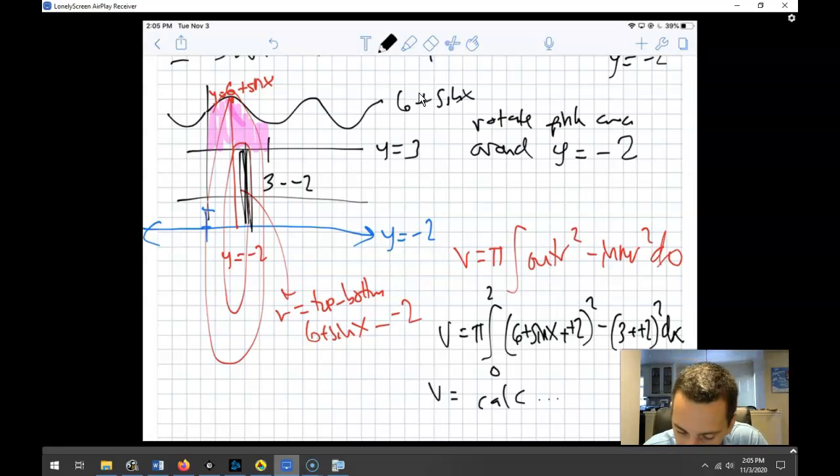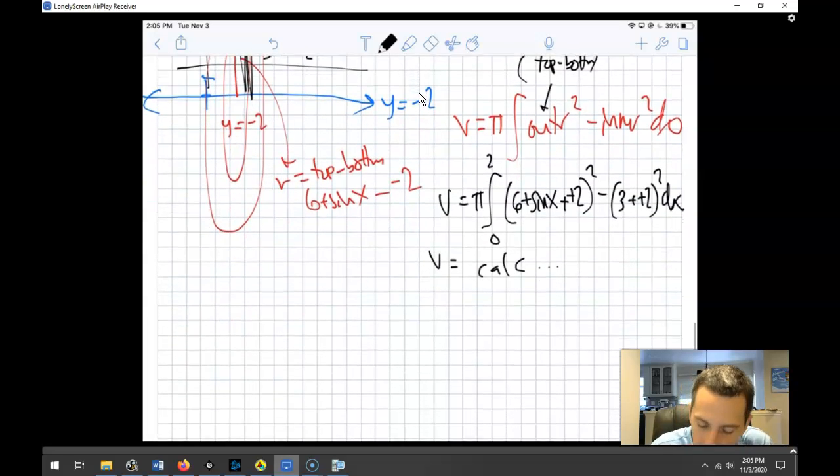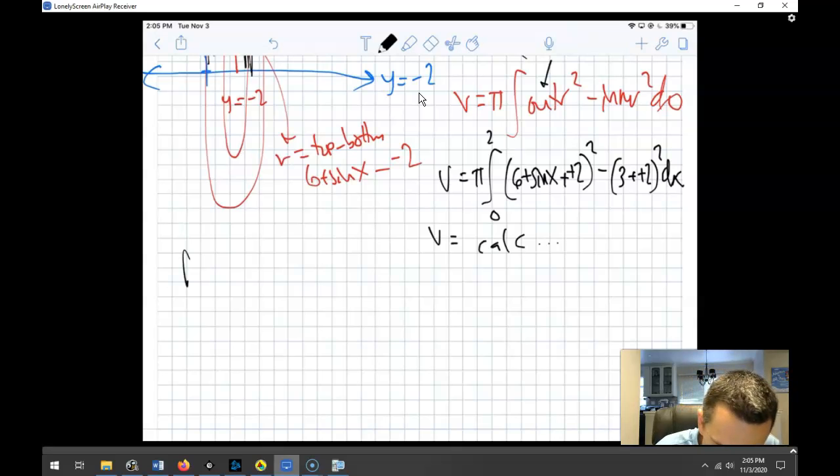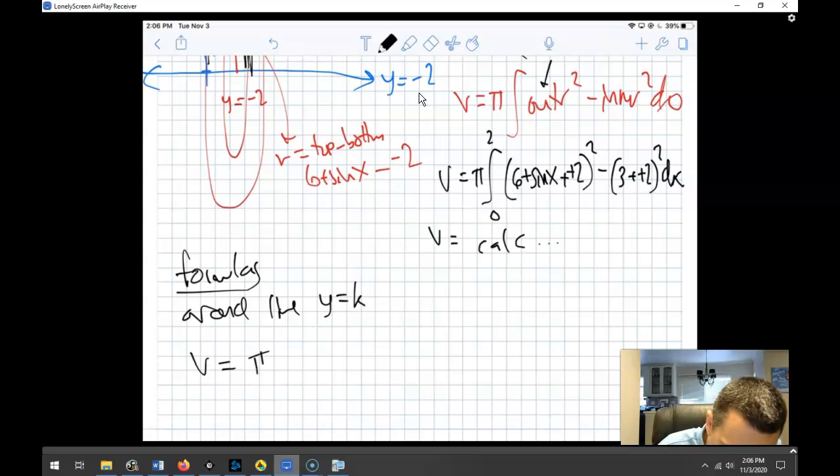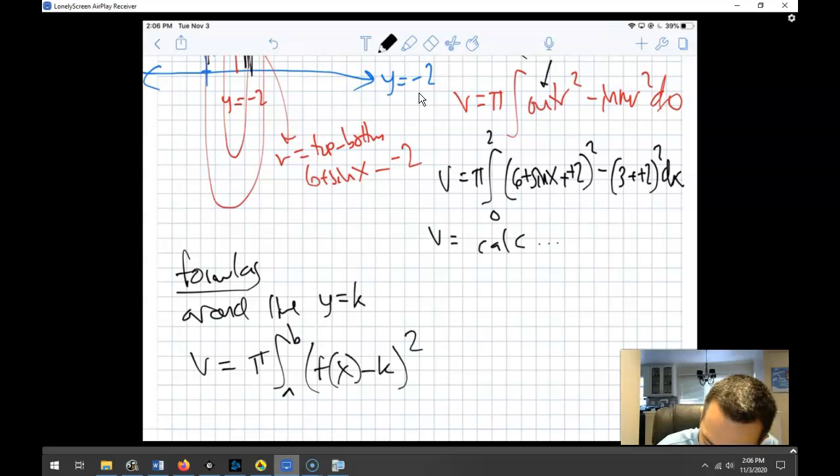We have our outer radius. We're going around y equals -2. And I just subtracted, because I did a top minus bottom, to help me find that radius; in the inner, I subtracted the -2. Okay, now, hopefully you're recognizing the pattern. Here are the formulas. If you're going around a line of the form y equals k, your volume is pi times the integral from a to b of f of x minus k squared, minus g of x minus k squared.